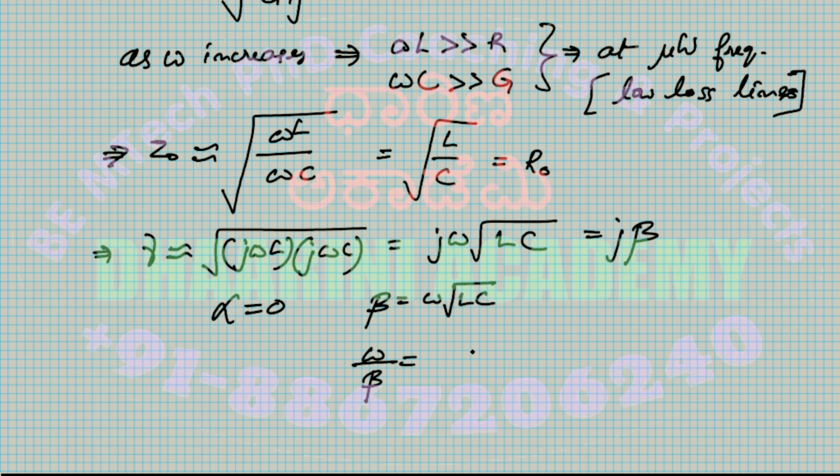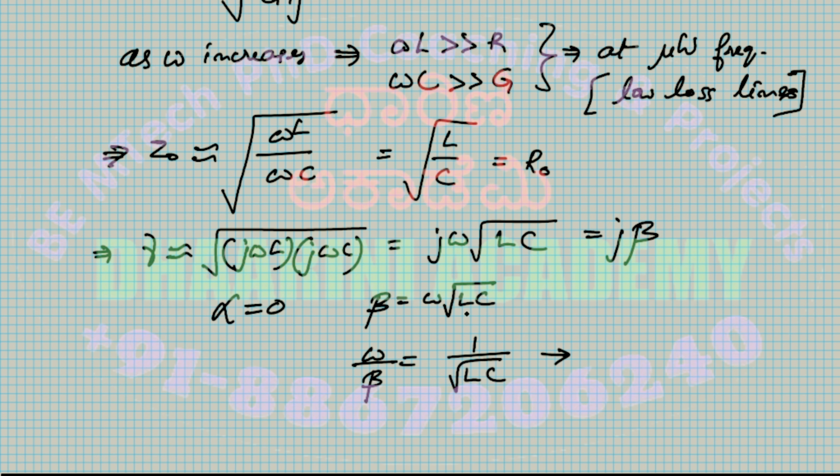Take root LC to the other side, 1 by root LC. So the omega by beta ratio, if you substitute the omega value as 2 pi f and beta as 2 pi by lambda, is a velocity.